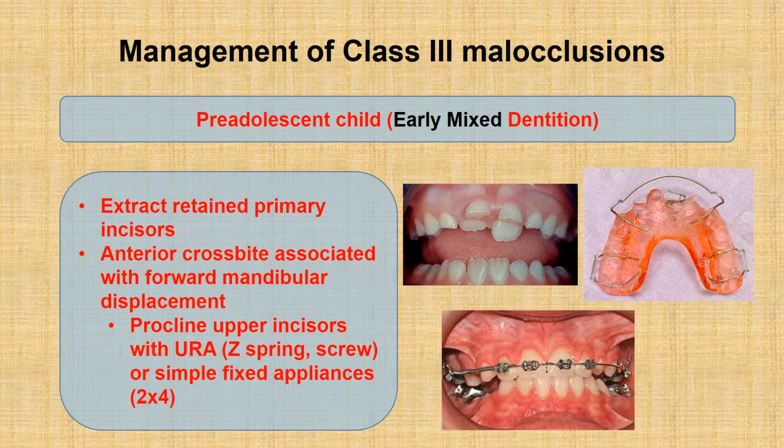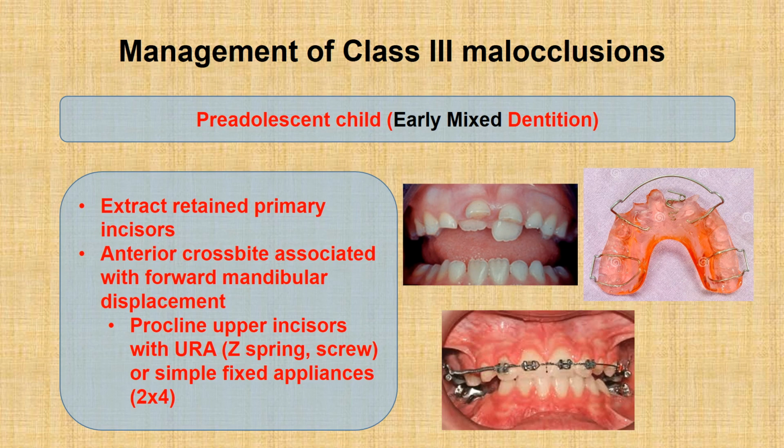Okay, now management of class 3 malocclusions in a pre-adolescent child or in the early mixed dentition. Now, if there are any retained primary incisors which are causing the permanent incisors to be deflected lingually, then these primary incisors should be extracted.